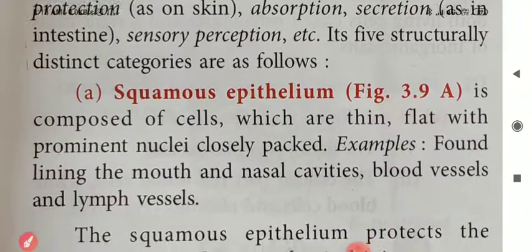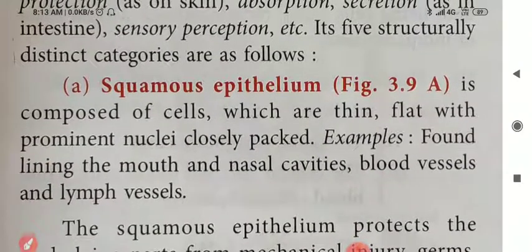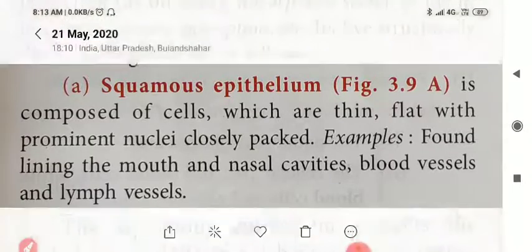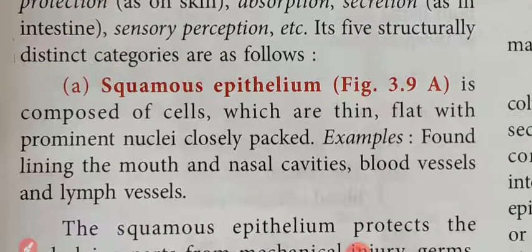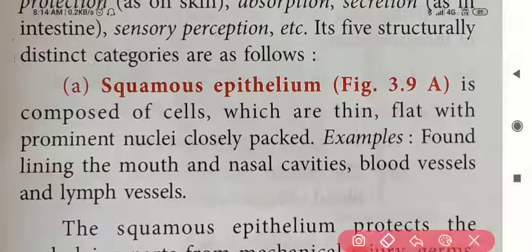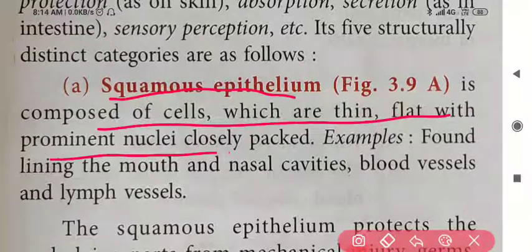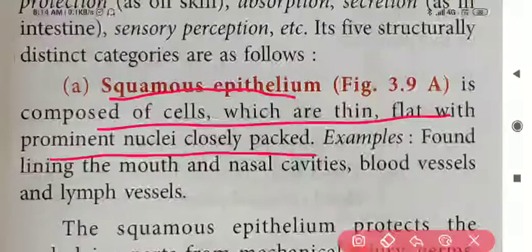Next, one by one we will discuss different types of epithelial tissue. The first one is squamous epithelium. It is composed of cells which are thin, flat, with prominent nuclei, closely packed.